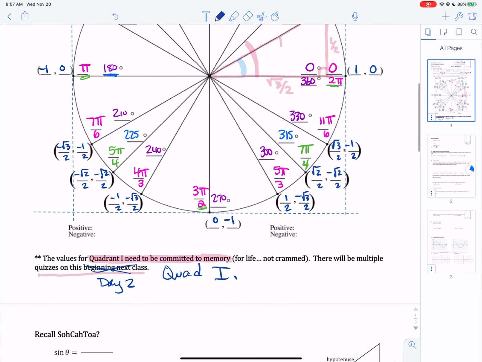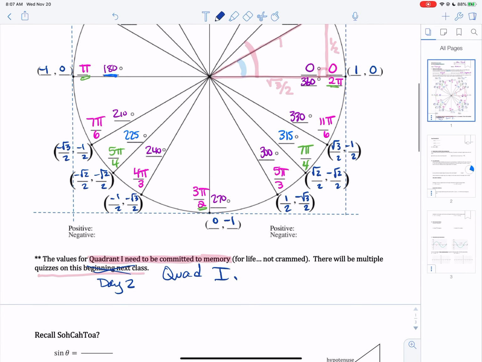In quadrant 3, positive, we'll come back to in a second. Negative, we have cosine and sine. And then in quadrant 4, positive, cosine, negative, sine.